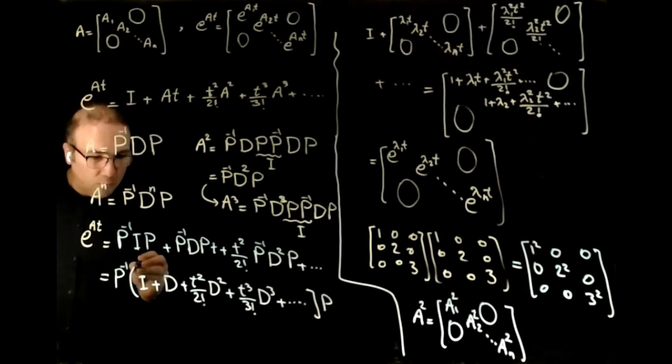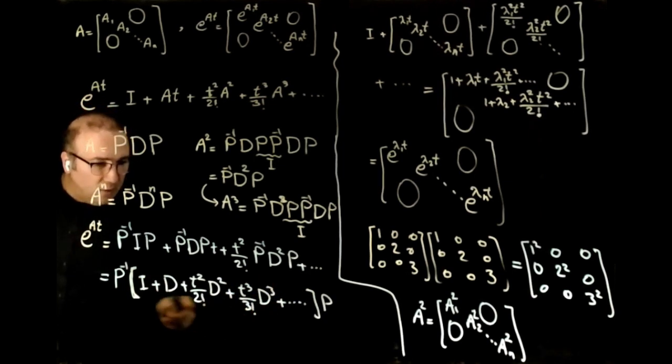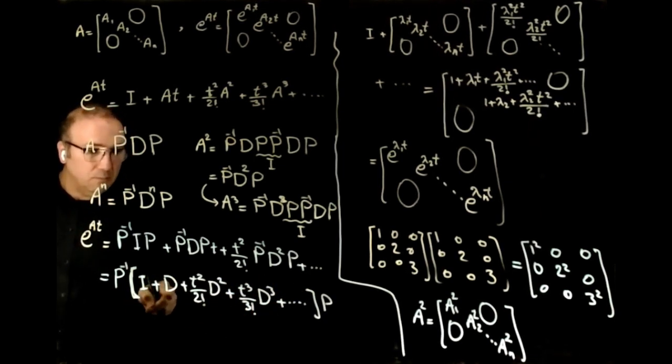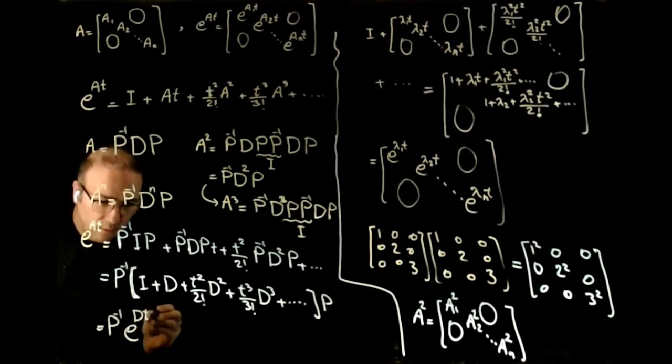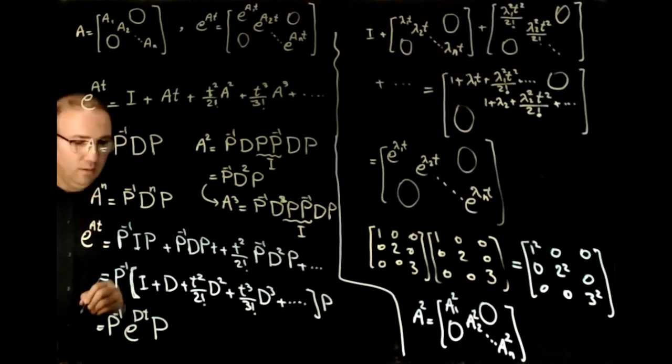So I factored out P inverse from the left and P from the right. Then this would be e to the power of D t. So I can write it as P inverse e to the power of Dt P.